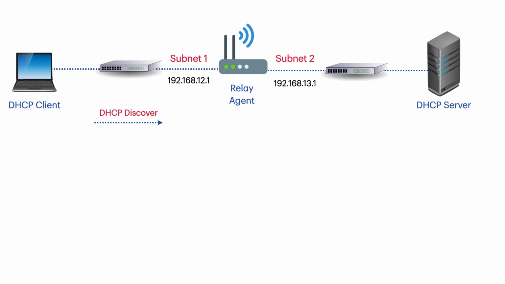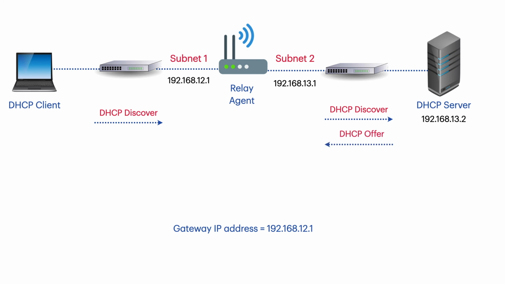As the relay agent knows the IP address of the DHCP server, it unicasts the received message to the DHCP server and fills the gateway IP address field with the IP address of the interface at which the relay agent received the message. The gateway IP address gives information to the DHCP server about the subnet where the DHCP client is present.